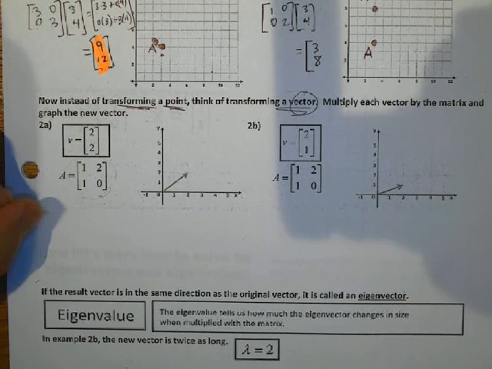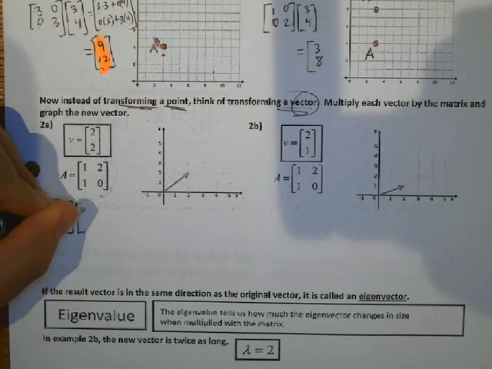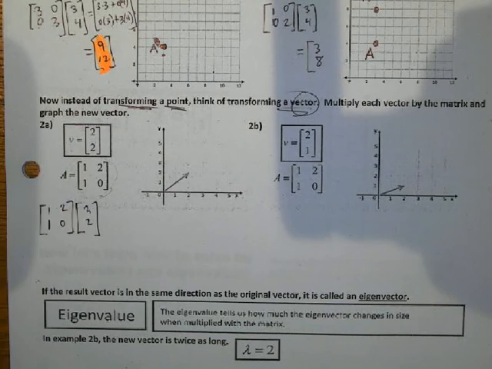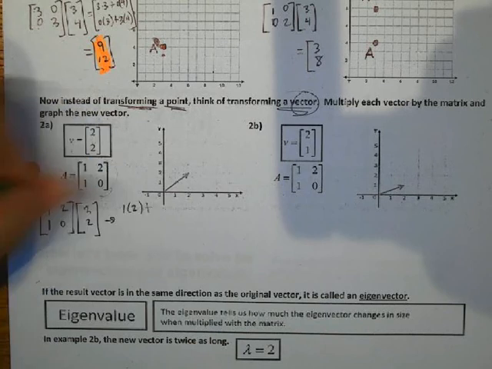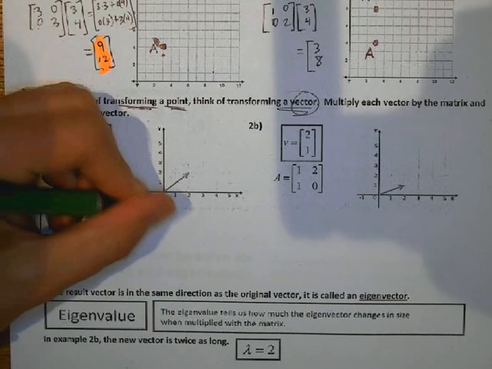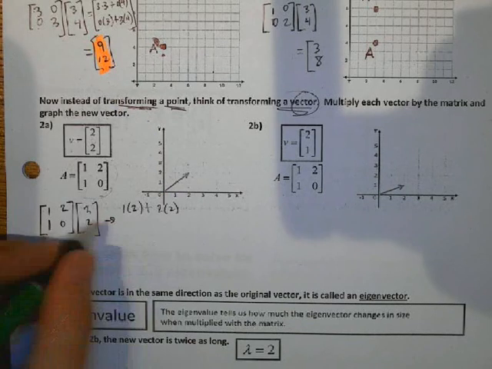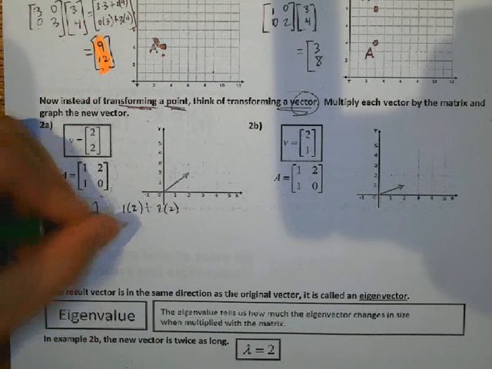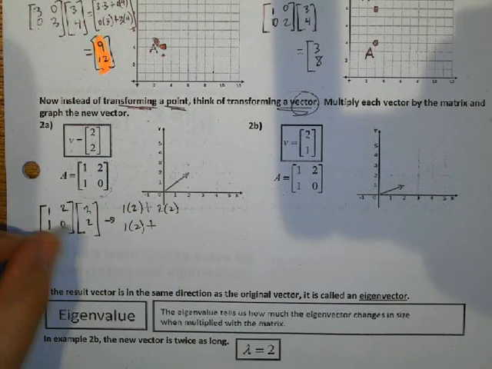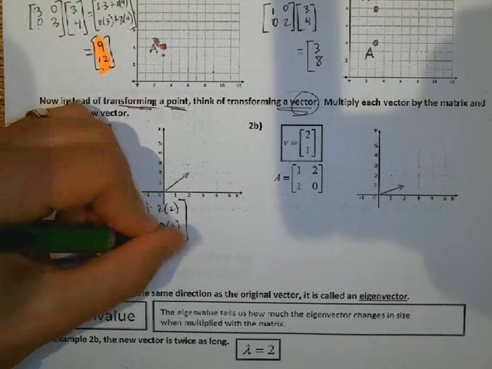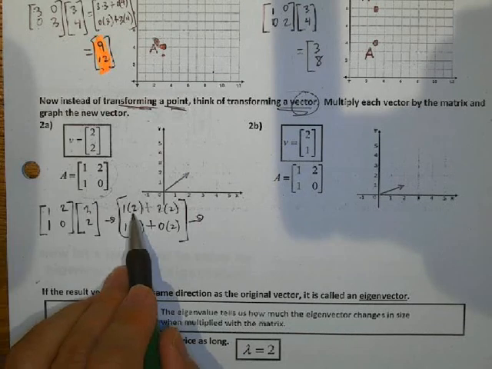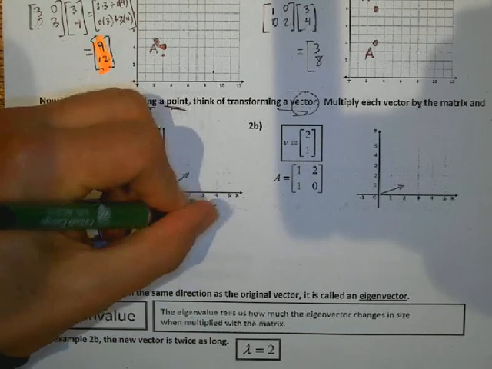If I multiply this matrix 1, 2, 1, 0 times my vector 2, 2, 0, we end up getting 1 times 2 plus 2 times 2 in the first value, and then I have 1 times 2 plus 0 times 2, which gives me 6, and then this is 2.